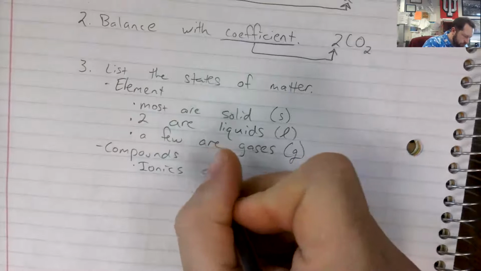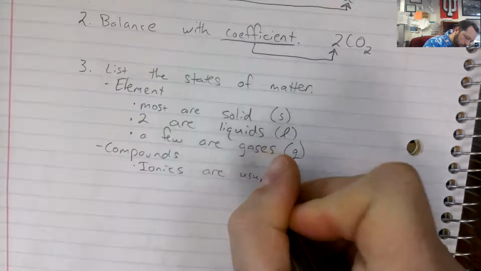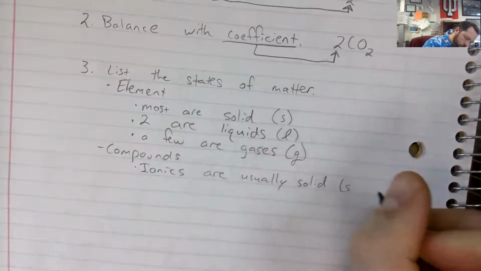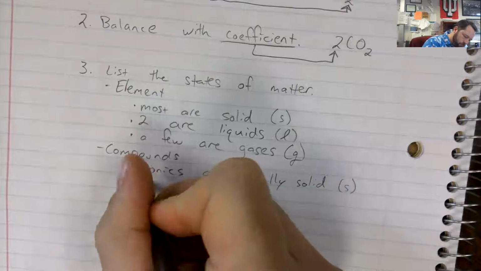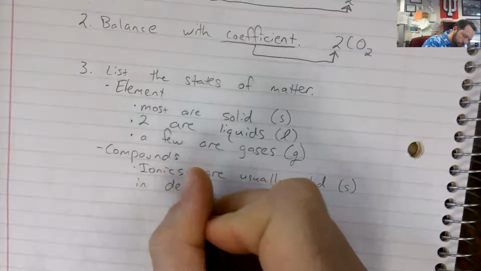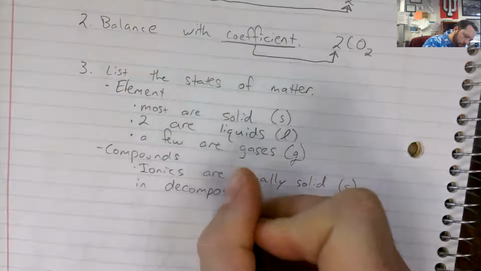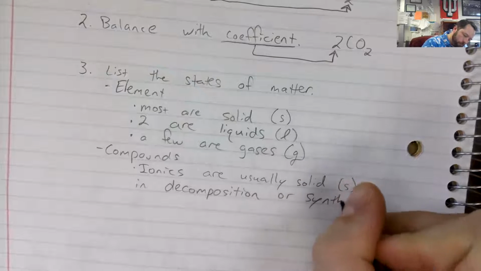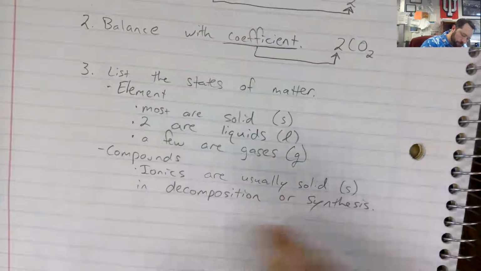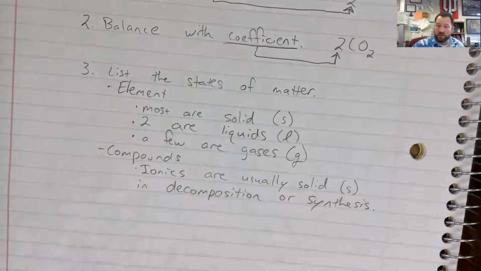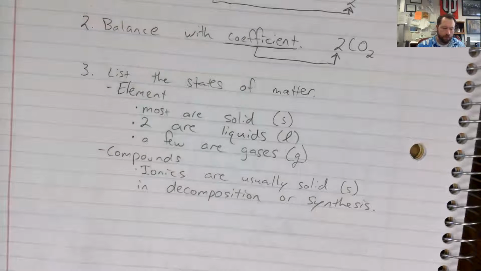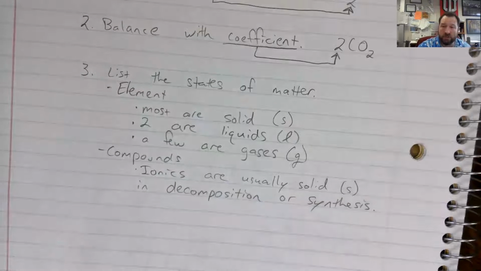Ionics are almost always solids, especially in decomposition or synthesis reactions. So identify what type of compound you have. If it's an ionic, it's a solid.